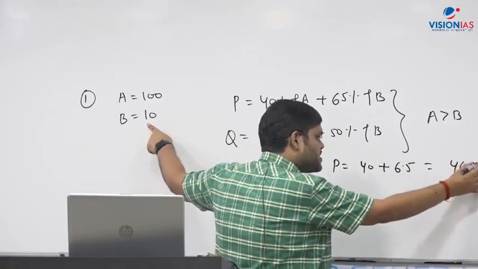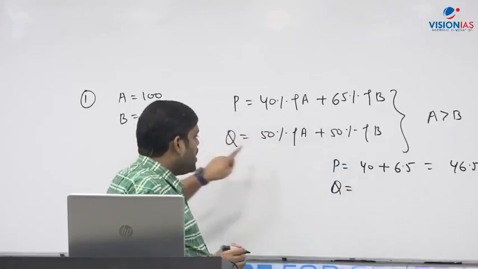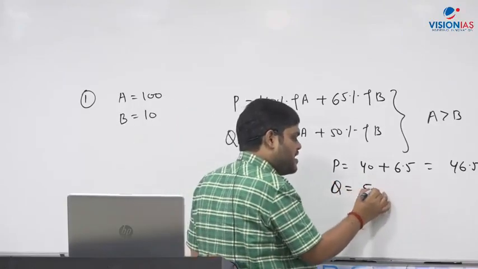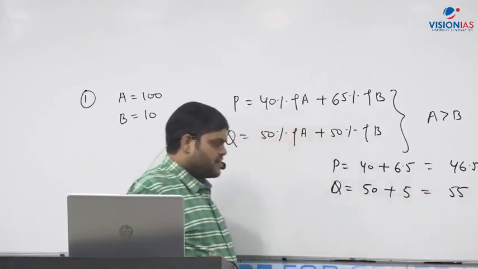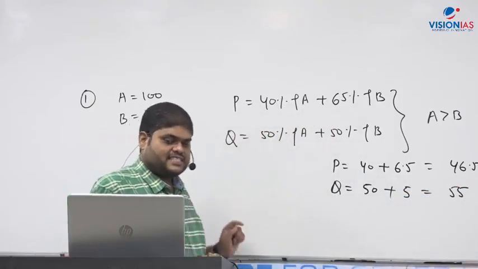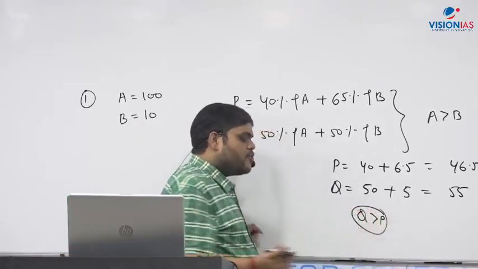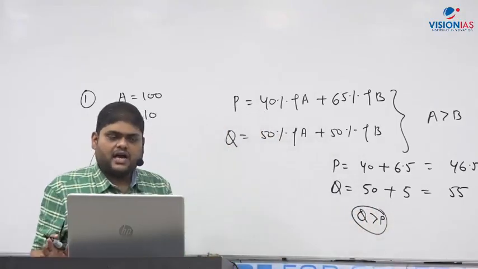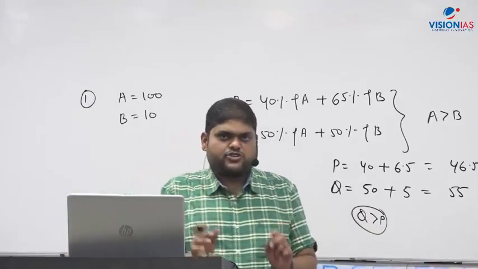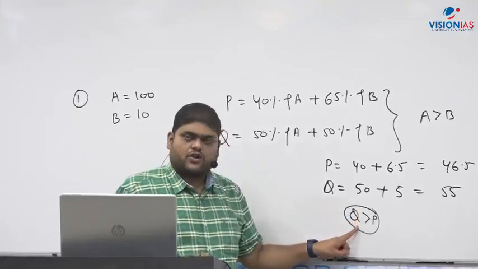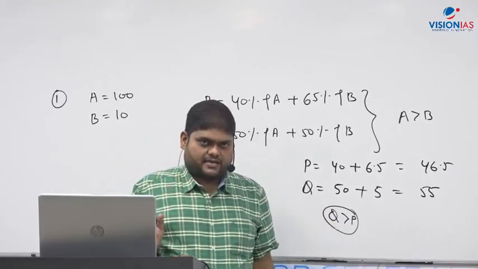This becomes 46.5. And Q is equal to 50% of A plus 50% of B, and this becomes 55. That means from here I can say Q is more than P, so certainly option A cannot be correct. I'm not sure whether option B is correct, but I'm damn sure option A cannot be correct.